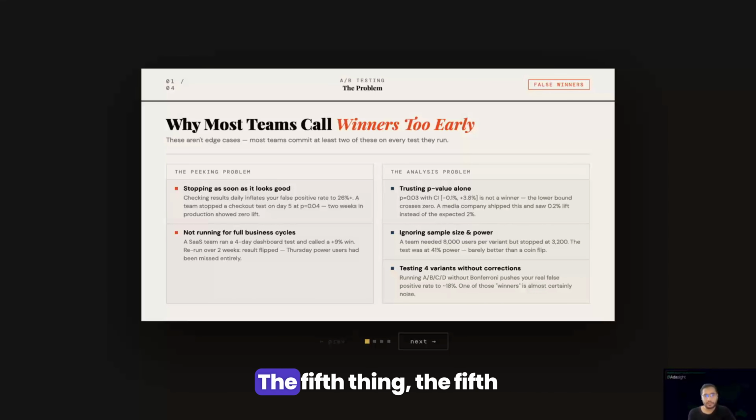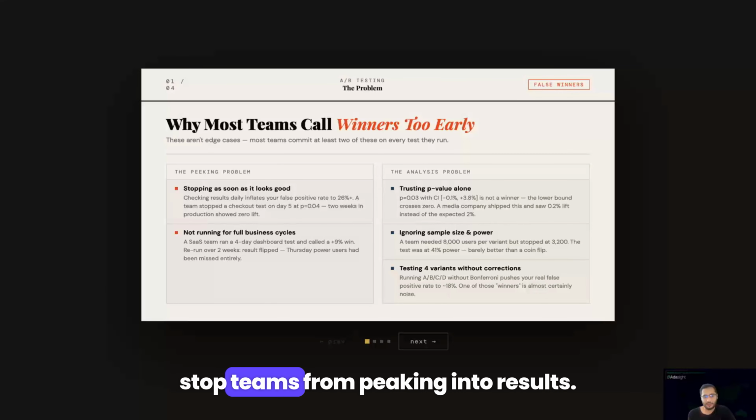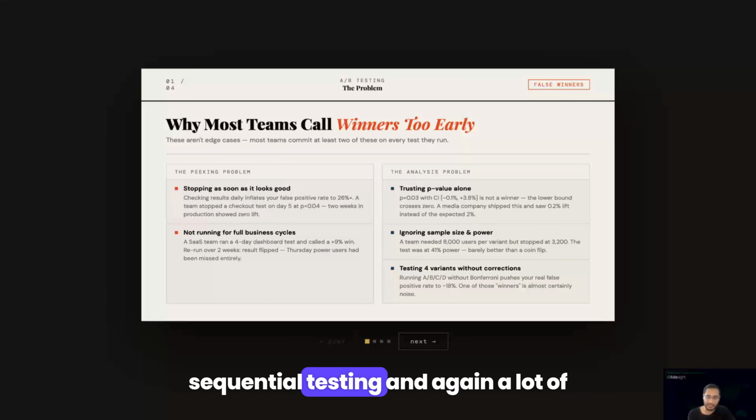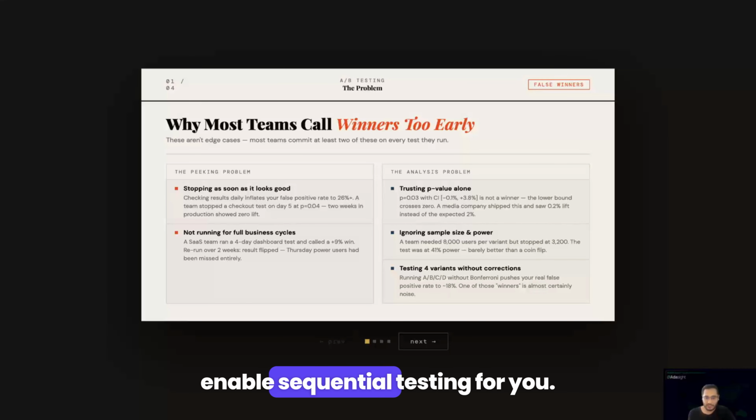reduce variance. The fifth concept that we're going to talk about is a fix for peeking, and that's sequential testing. A lot of the times it's very hard to stop teams from peeking into results. So this is where you can enable sequential testing. And again, a lot of the tools out there are going to enable sequential testing for you.